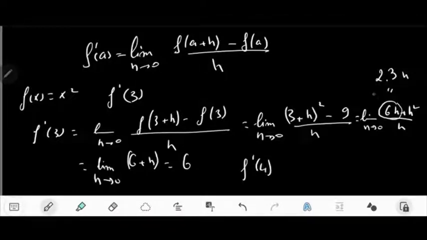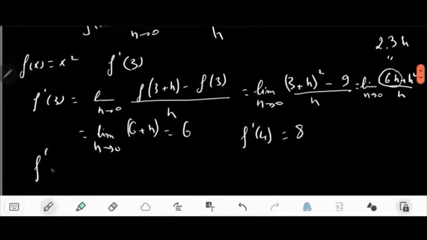It's the same thing, everything is the same, except in here we have 2 times 4 times h, which will lead at the end to 2 times 4, so it will be 8. And if you calculate the derivative f prime at any point, let's say a, you will do the same calculation, and at the end we'll have 2a.